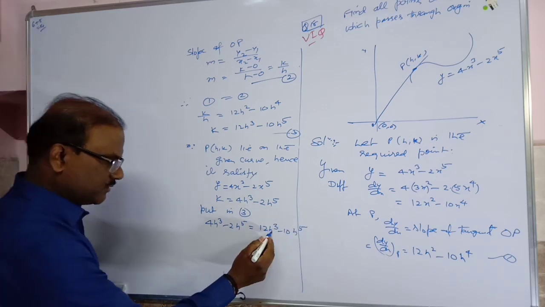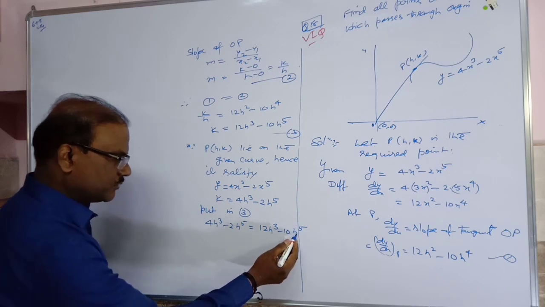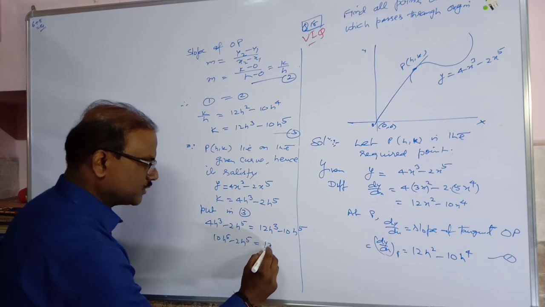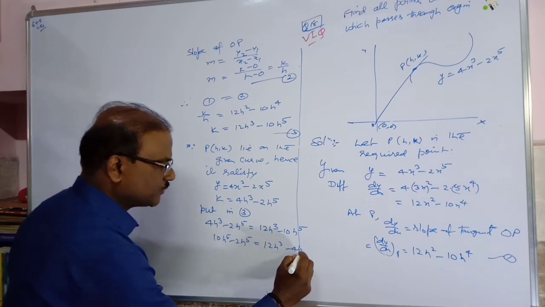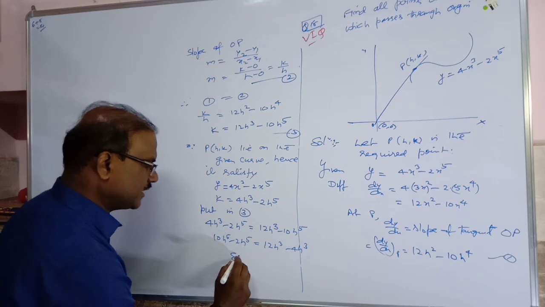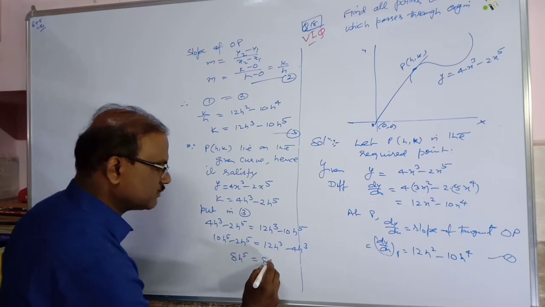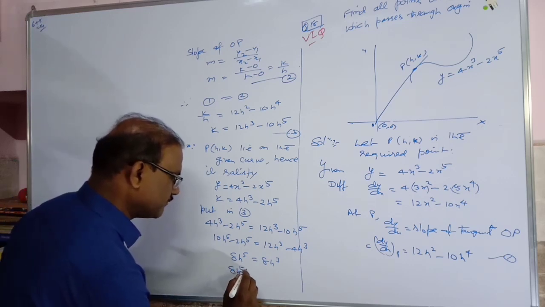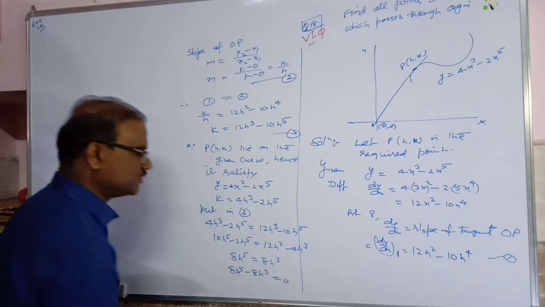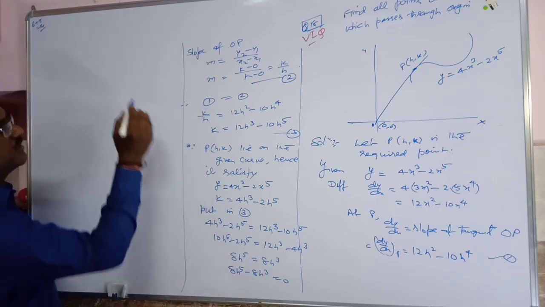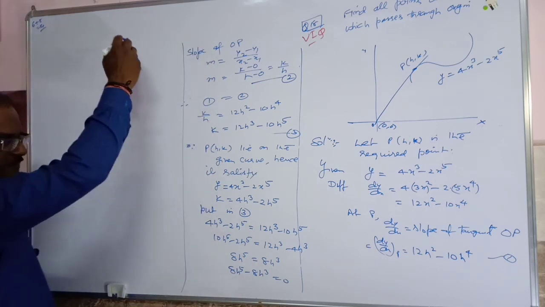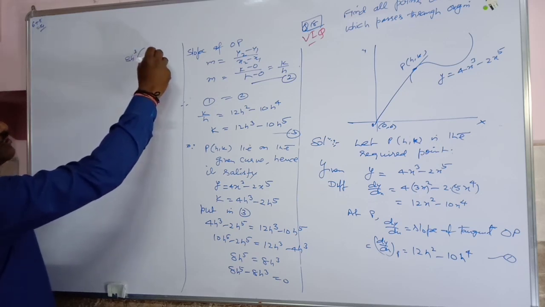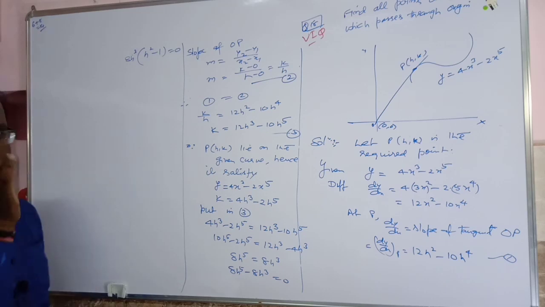See this? 10h⁵ को इधर ले आते हैं and 12h cube minus 4h cube. So in that way 8h to the power 5 is equal to 8h cube. So 8h⁵ minus 8h³ equals 0. Take the common 8h cube, then h square minus 1 will be left.